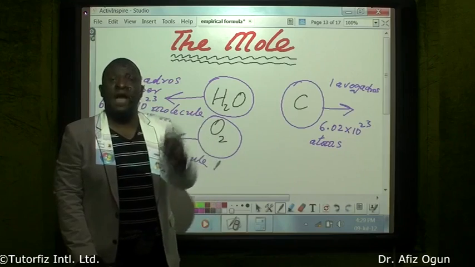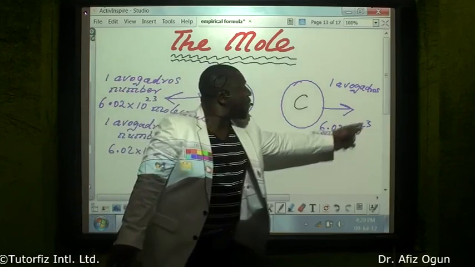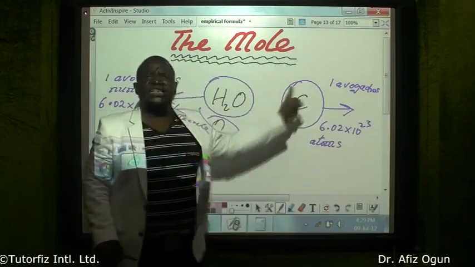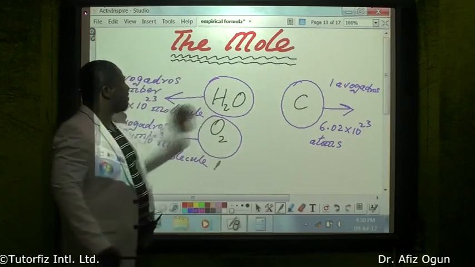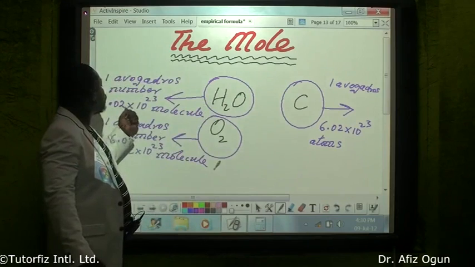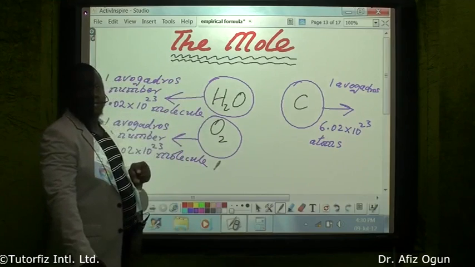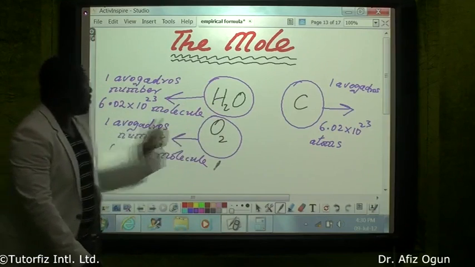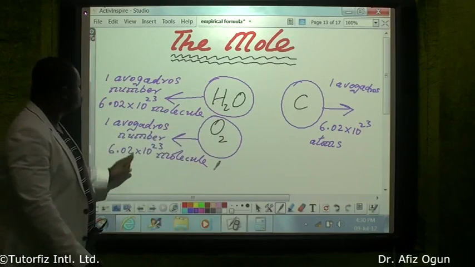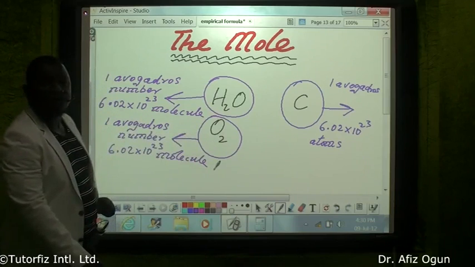So the mass of carbon that will contain 6.02 times 10 raised to power 23 atoms of carbon is 1 mole of carbon. And the mass of water that will contain 6.02 times 10 raised to power 23 molecules of water is 1 mole of water. And the mass of oxygen that will contain 6.02 times 10 raised to power 23 molecules of O2 is 1 mole of oxygen.